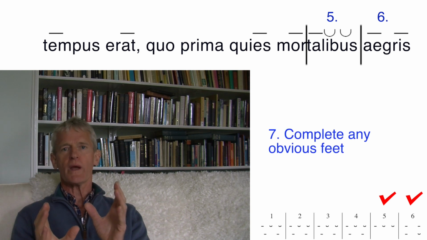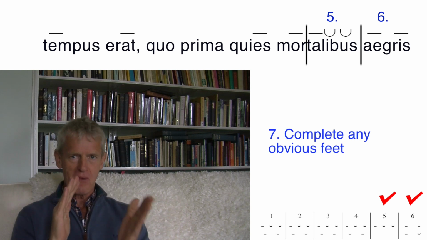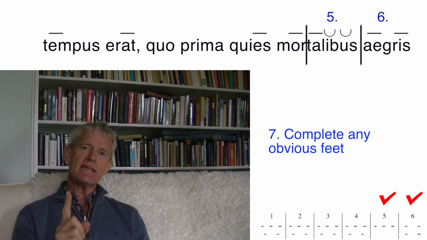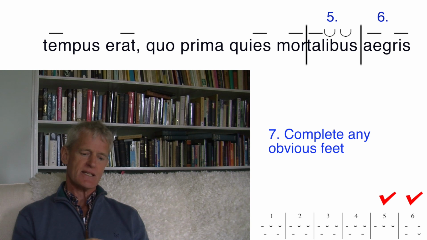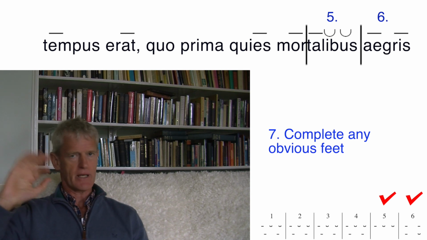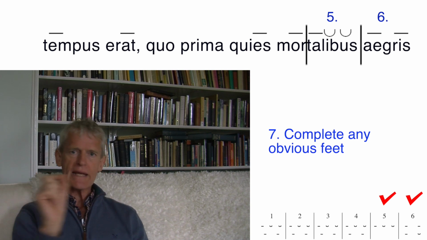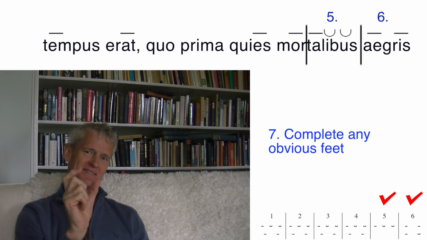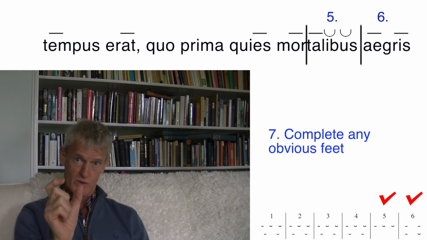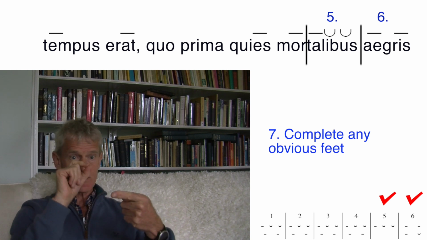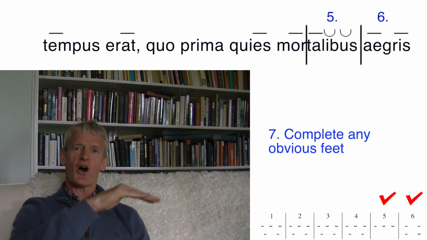Finish off feet, which by a process of elimination must be either dactyls or spondees. Now, the easy thing to remember here is that a short syllable, ignoring the one at the very end of the line, which we can ignore, a short syllable anywhere else in the line must come in a pair with another short syllable, because a dactyl is da, di, di, and a spondee is da, da.